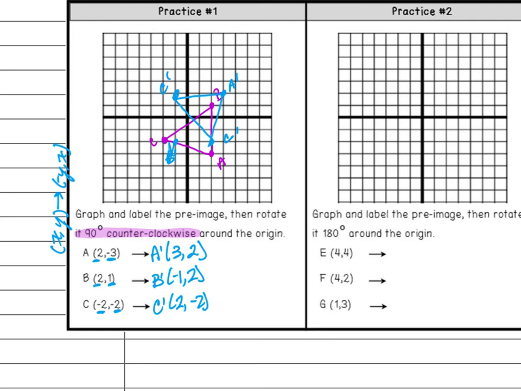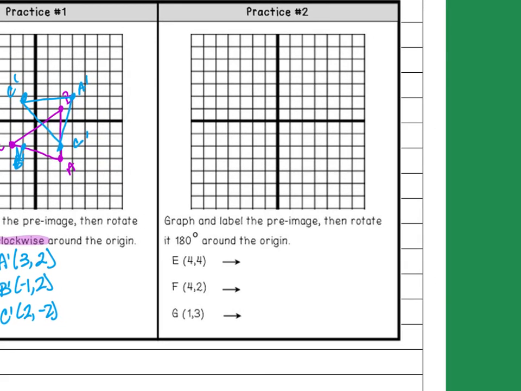All right, and then the practice number 2 says we're going to rotate 180 degrees. Well, I'm going to write the rule down for you. The rule says if it's 180 degrees, the X and the Y stay in the same place. They just change signs. So if you can go ahead.